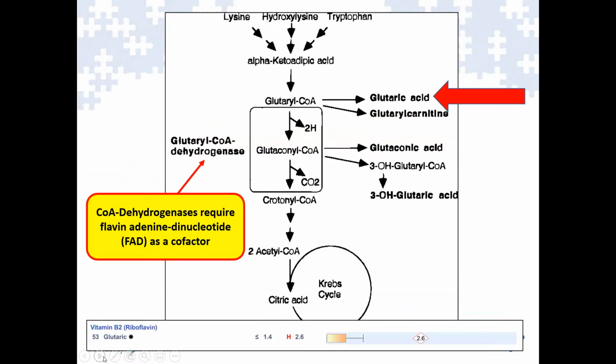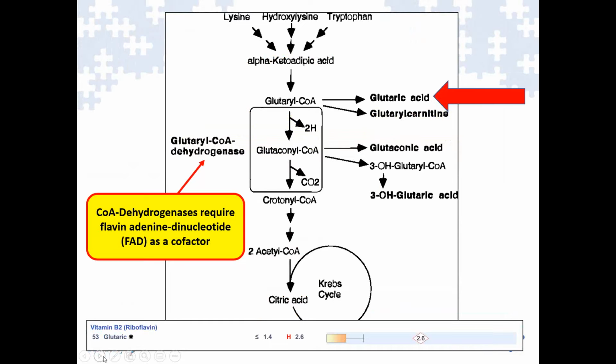But there are some other considerations with regards to riboflavin. Okay, and this is linked to things that you can see in the Krebs cycle section on page 3 that has to do with amino acid metabolism being linked to Krebs cycle function. And one example of this is this coenzyme dehydrogenase enzyme.